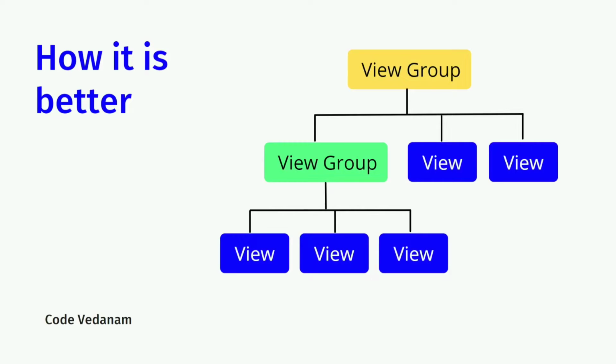First of all, we need to understand the working of the findViewById method. The findViewById method will traverse the complete tree and find out the item which is matching with the ID.